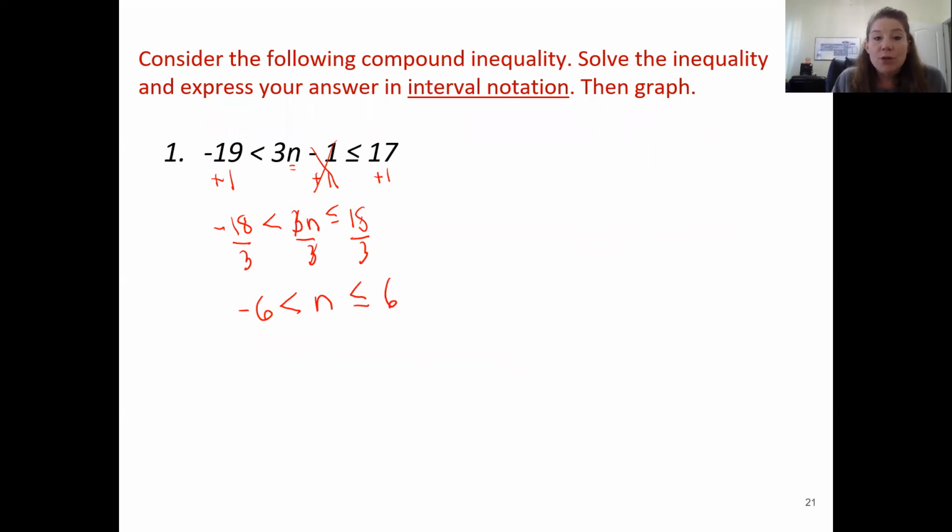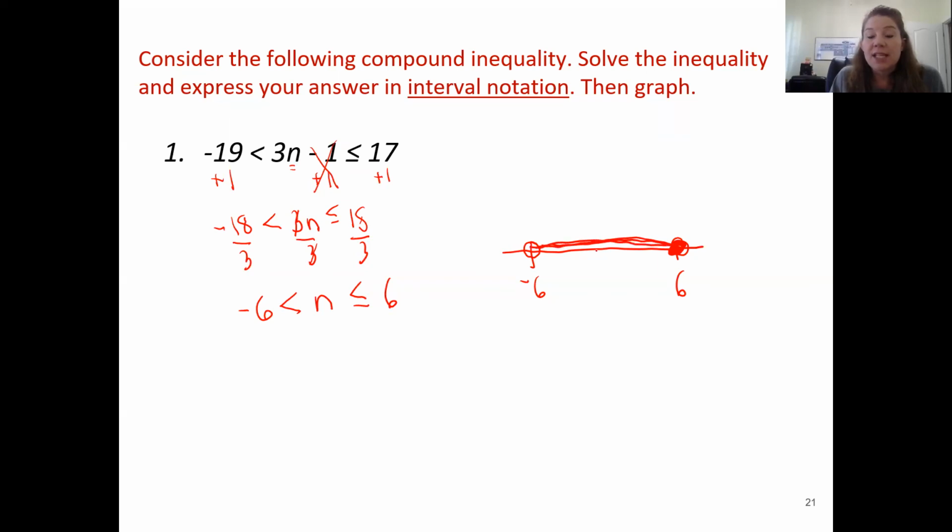All right, so we're going to solve this. We're going to graph it, and we're going to write it in interval notation. So this is similar to our first class. So remember, we had our -6 here, our +6 here. Our n literally comes between them, and then this is where we do our open circle because it doesn't have the or equal to sign, to our +6 with a closed circle, and n is between -6 and +6.